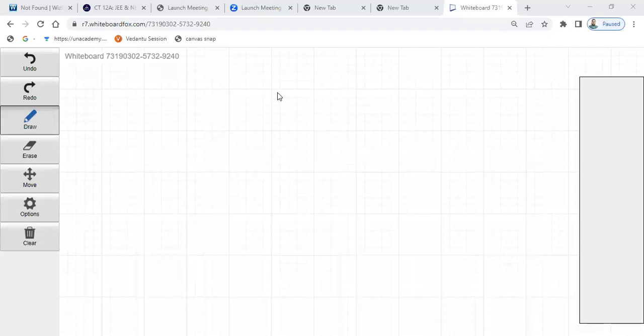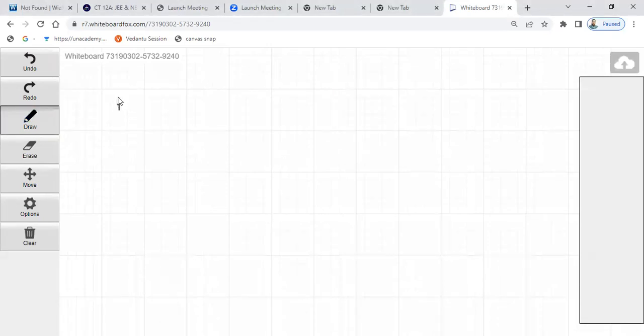In the zero order chemical reaction, we have studied the formula that A naught minus.